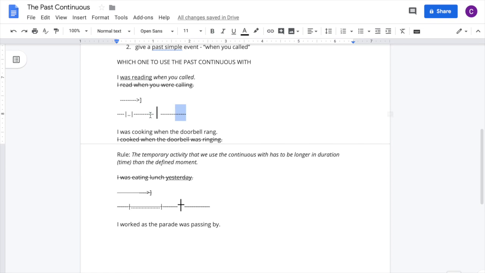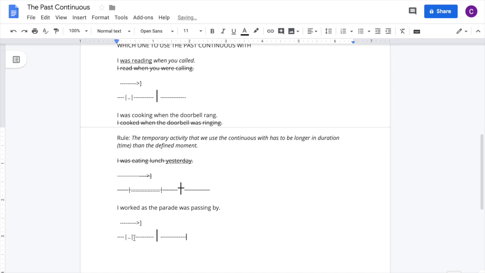But the working was more than just a moment, and so it would be again one of these situations where something happens for a period of time, but the only important thing is that the thing that you're talking about as a defined moment is shorter than this activity.